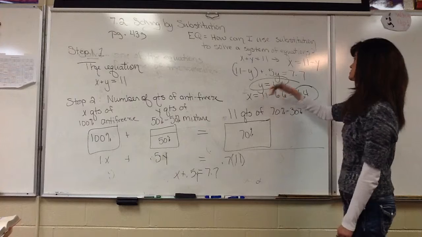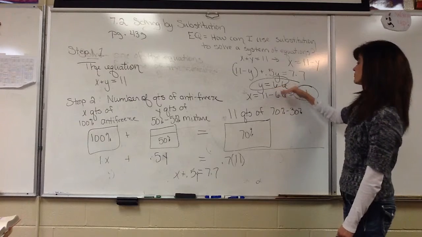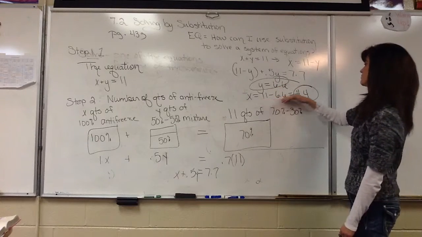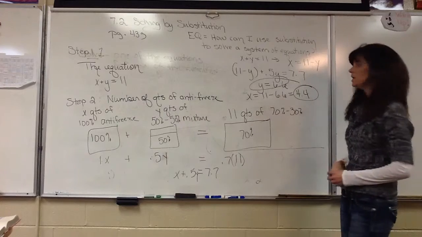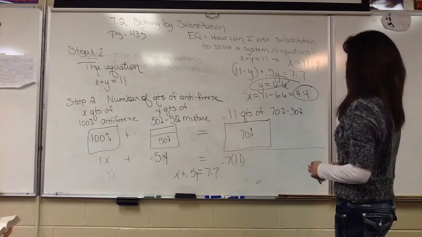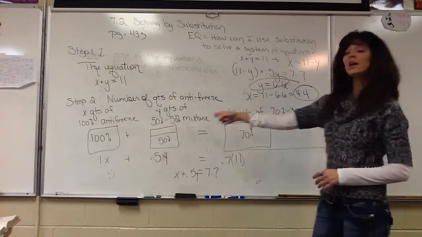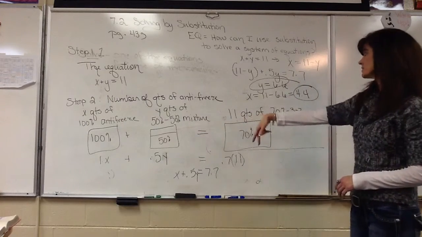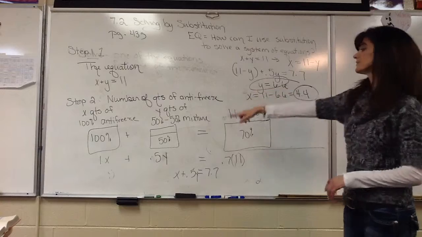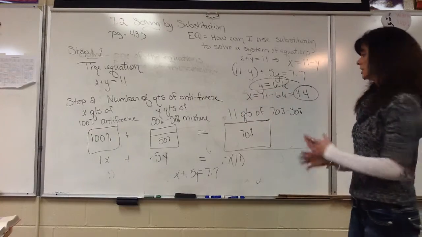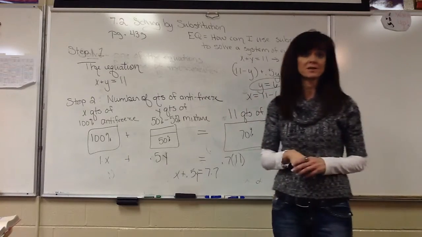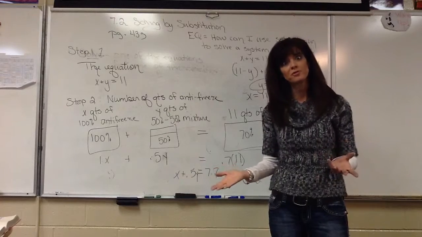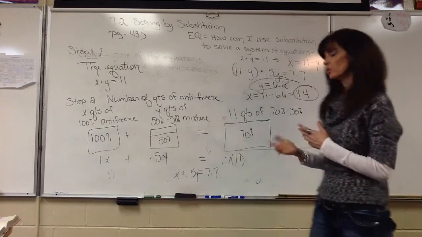Then I'm actually just going to take that 11 minus Y equals 6.6, 11 minus 6.6 equals 4.4. So we see here that we're going to need 4.4 quarts of 100%, and we're going to need 6.6 quarts of 50% mixture in order to get our desired 70% antifreeze, 30% water mix at 11 quarts.